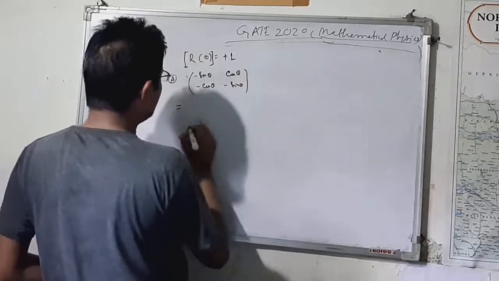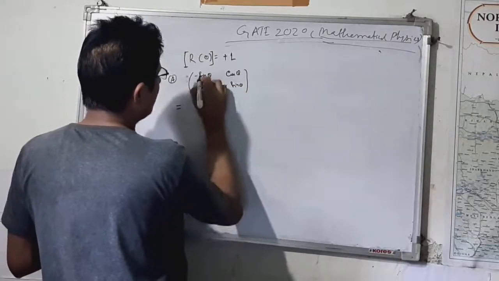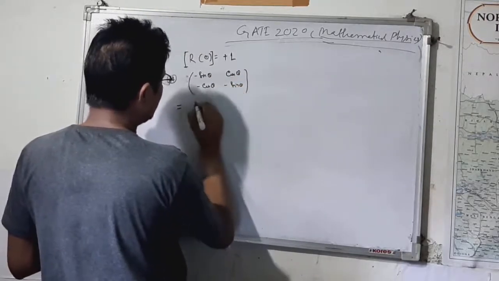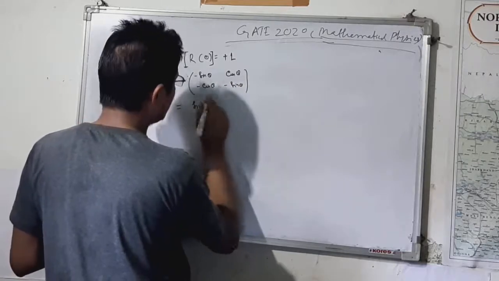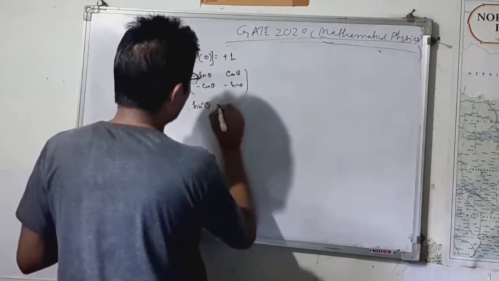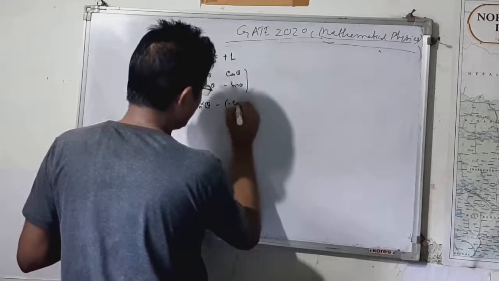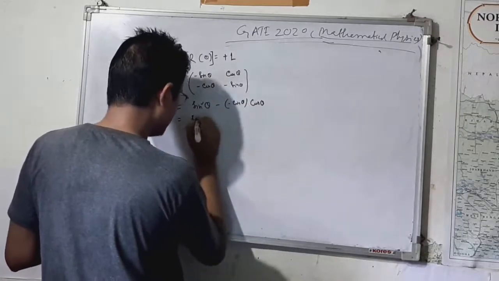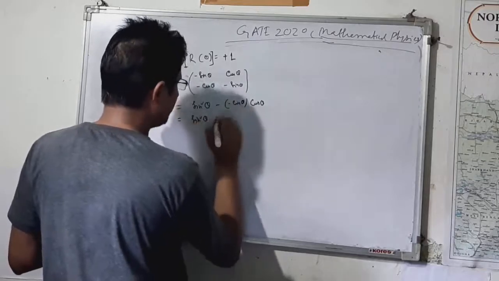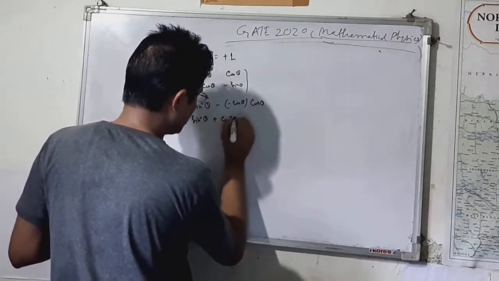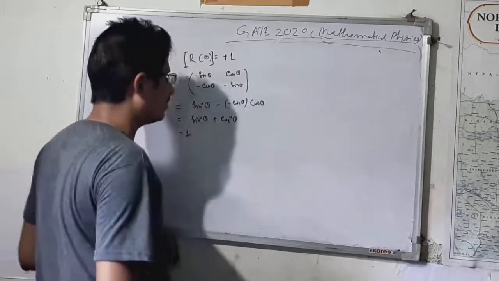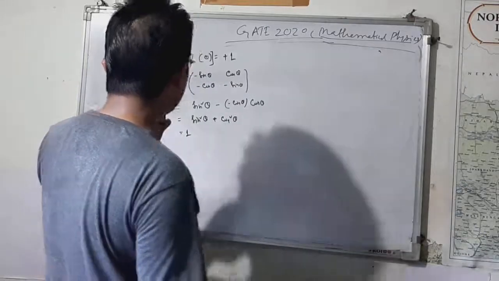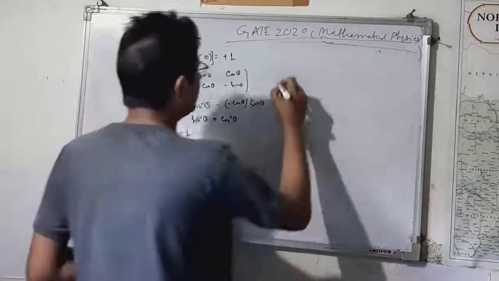So its determinant is minus of sin square theta, minus of sin theta into minus sin theta, that is sin square theta. So it is minus, so minus of cos theta into cos theta. So sin square theta, so minus minus plus cos square theta. We know that sin square theta plus cos square theta is equal to 1. So option A is a proper rotational matrix.